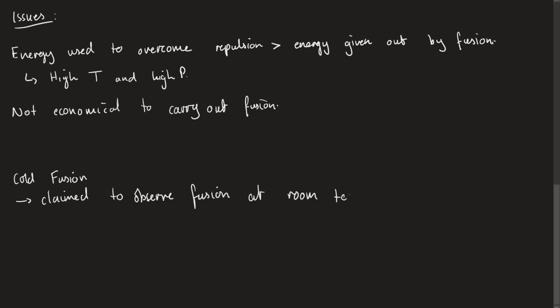And if this is true, this must mean that we could actually carry out fusion all the time, because every room is room temperature, right? So this means that we could do this all the time. But this was a single experiment that was never able to be repeated.